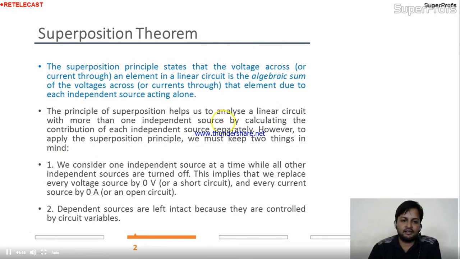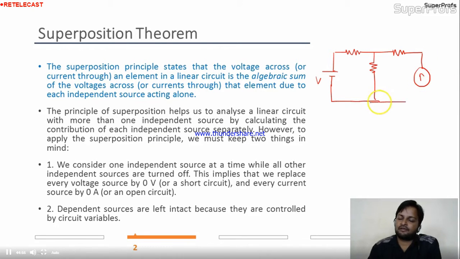Okay, and you can see here. The superposition principle states that the voltage across an element in a linear circuit is the algebraic sum of the voltages across that element due to each independent source acting alone. What I am saying is, consider a circuit. Here I considered it. In this circuit, I have one independent source, a battery, and one current source.